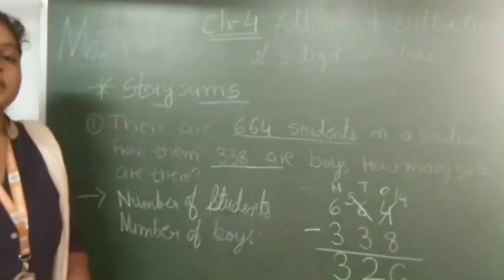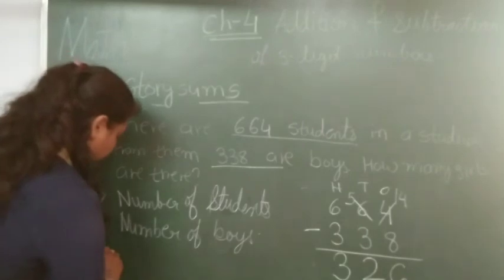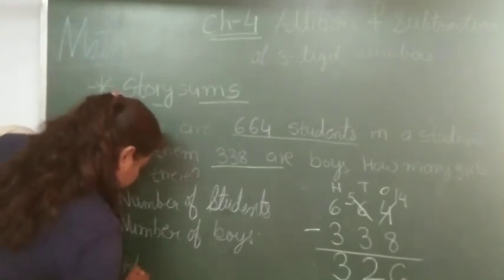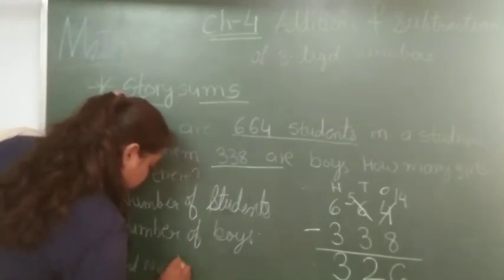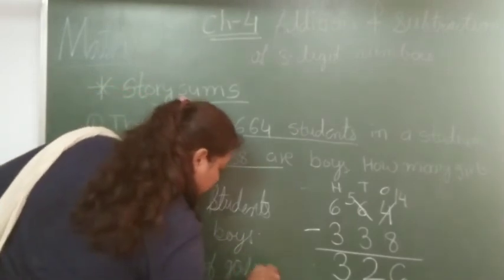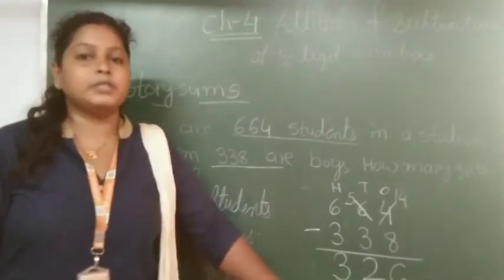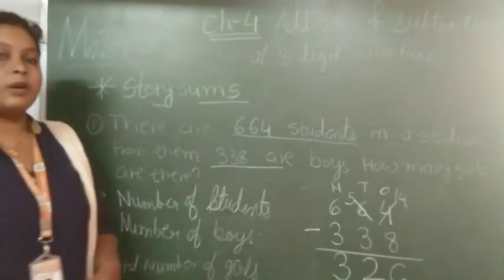So your answer is 326 and that is the number of girls. Here you will write total number of girls. Okay, so here we have completed the story sum of the subtraction.